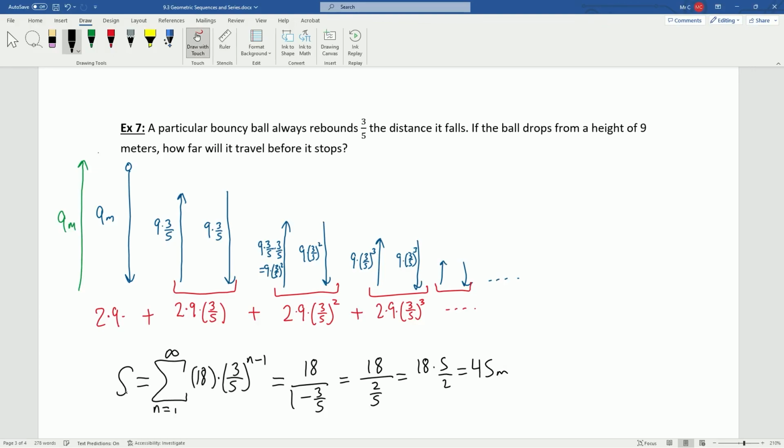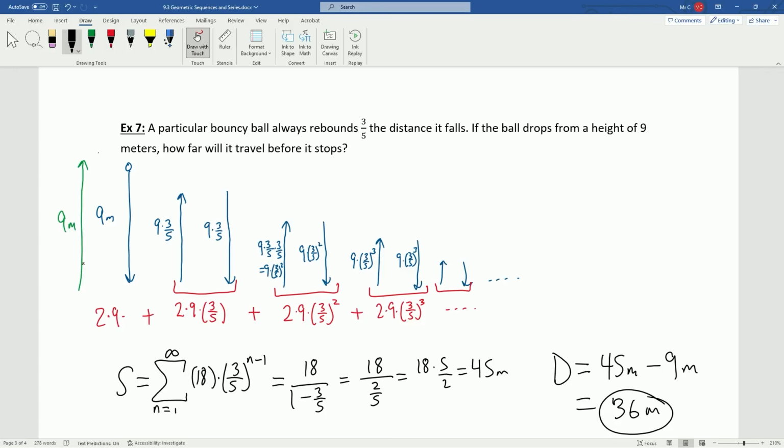But this is not the answer, because we have an extra 9 meters in here. So the actual distance traveled is the 45 meters minus the 9 that we added in extra. So the actual distance is 36 meters.